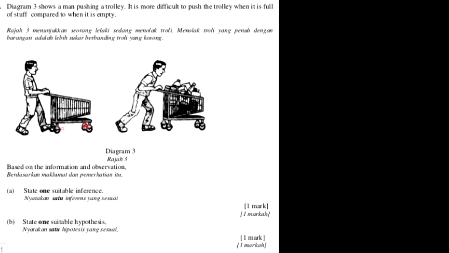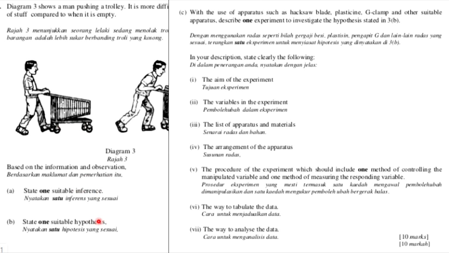So from these two diagrams, you need to come up with your inference and hypothesis, and then with the apparatus such as hacksaw blade, plasticine, G-clamp and others, you need to describe an experiment to investigate your hypothesis. So you need to write your aim, variables, list of apparatus and materials, arrangement of the apparatus, and then procedure, a table to tabulate your data, and a graph to analyze your data.